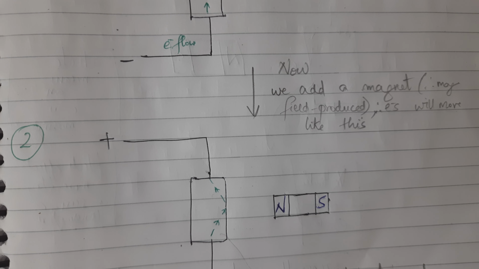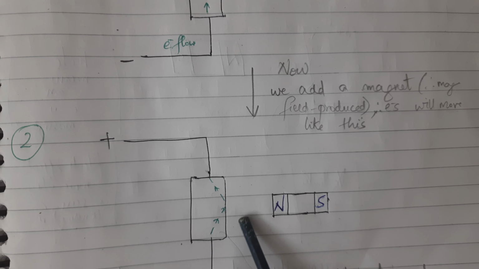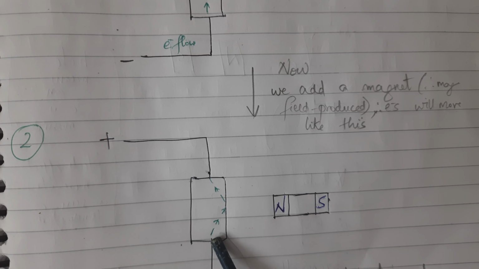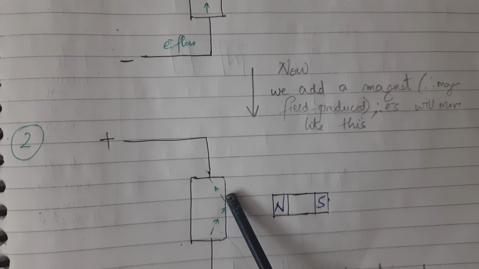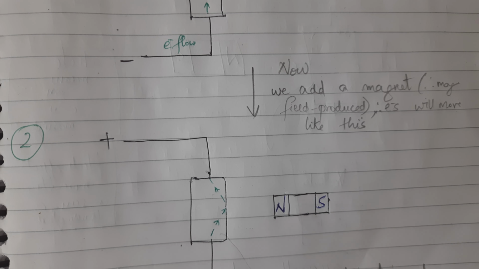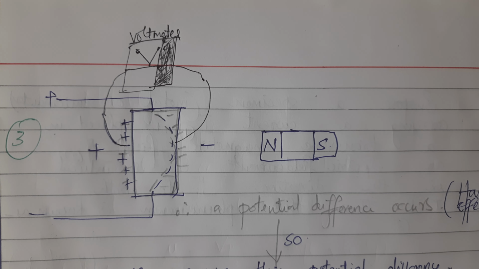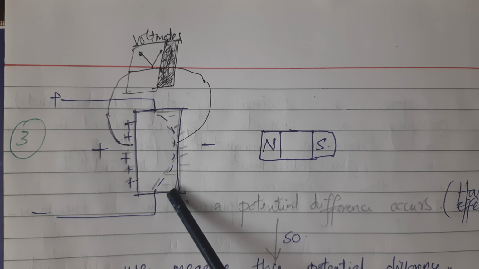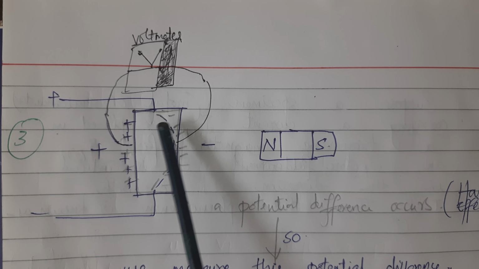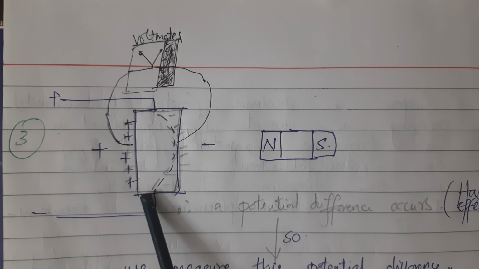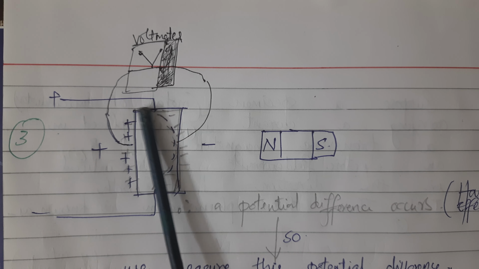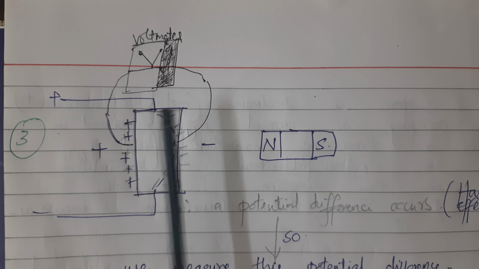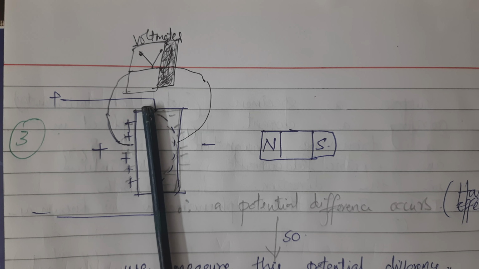So the electrons are accumulating at one side, or you can say the negative charges are trying to accumulate on one side. When the electrons go to one side, the positive charge will be here. So the negative charge is grouped here, then the positive charge will definitely be here.